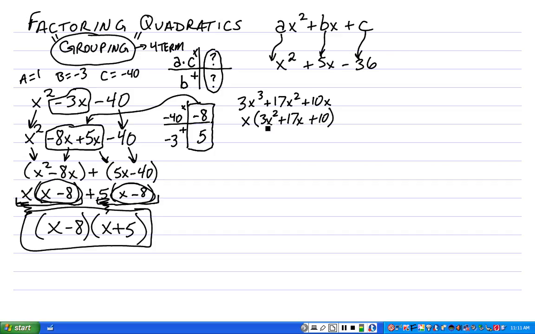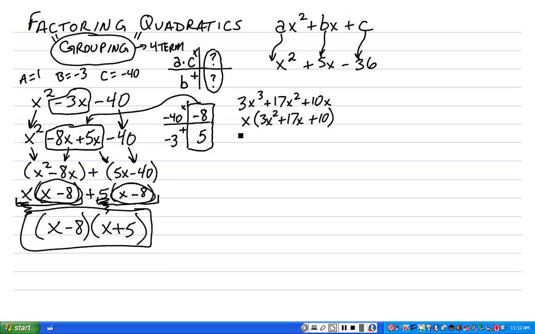Now I'm left with a trinomial that's in the proper quadratic form. Something x squared, a singular x, and a constant. Just like what we discussed up here. So now what's in parentheses is in the proper form. So this, what's in parentheses, is what we want to focus on trying to factor now.